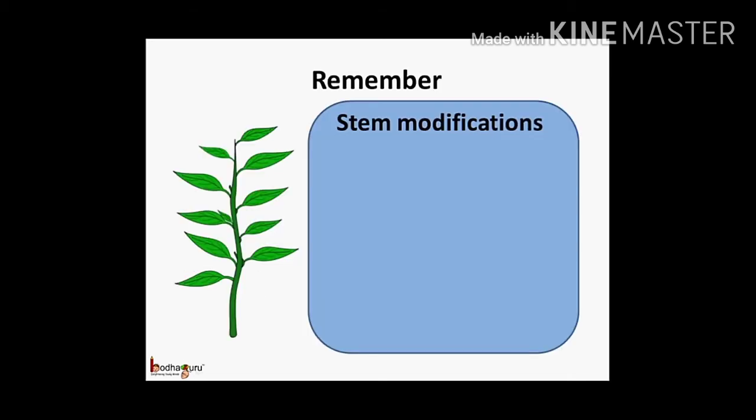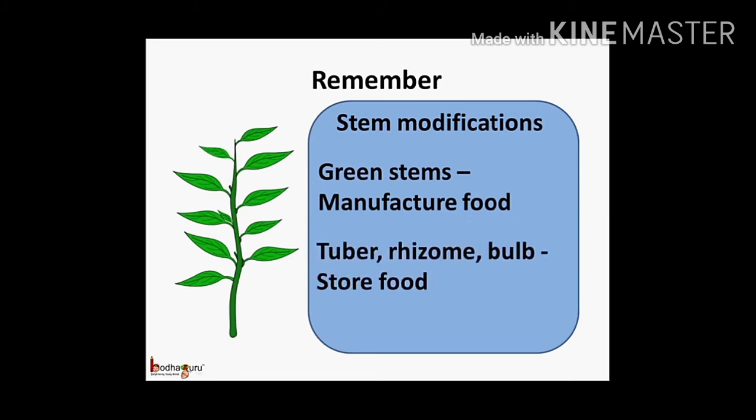So remember, children, in certain plants, the stem gets modified to perform special tasks. And what are these? The green stems manufacture food, as we saw in the case of cactus. The tuber, rhizome, and bulb are underground stems which store food.